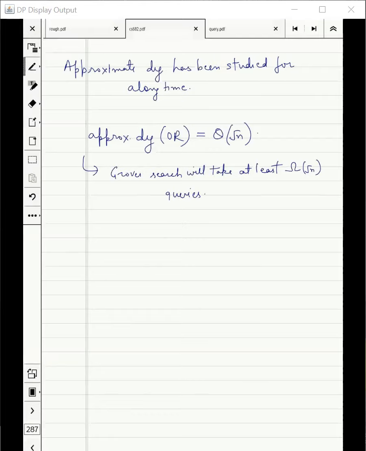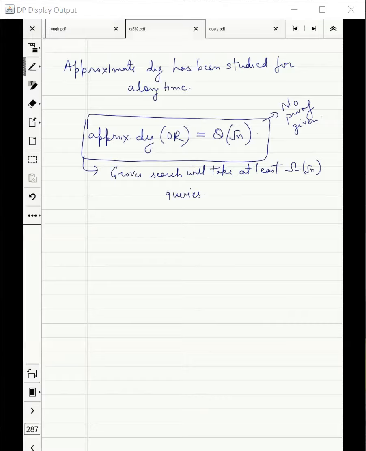Knowing this, which again I have not proven, but assuming this, and from our discussion, this box shows that the quantum query complexity of the OR function is at least root n. But quantum query complexity of OR is the same as the complexity of Grover search. That means Grover search will take at least omega root n.